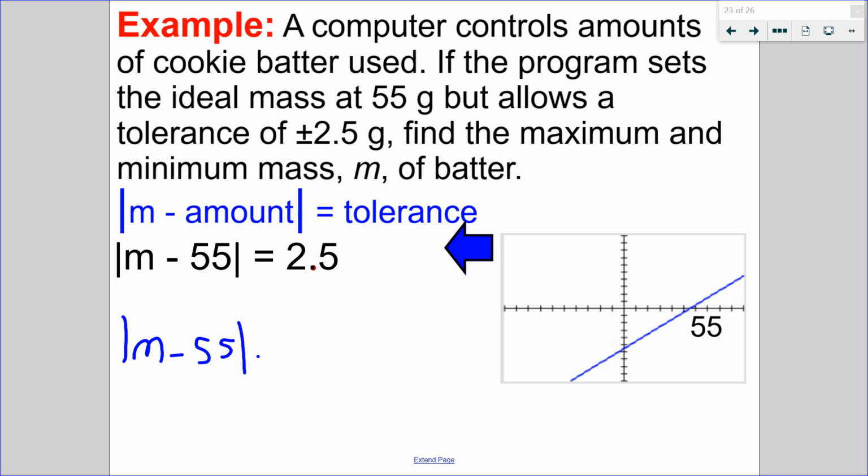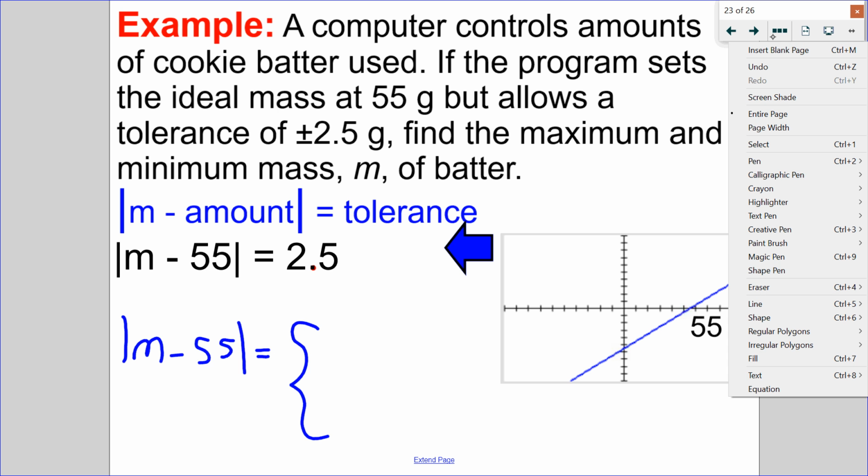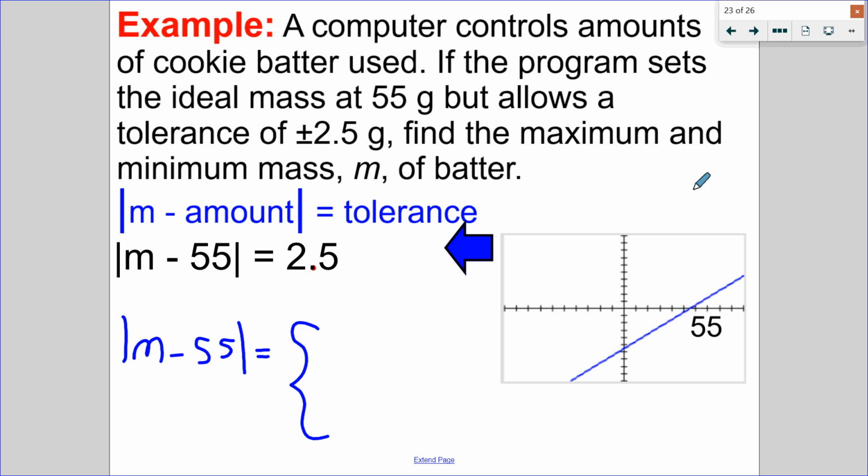So the absolute value of m minus 55 is equal to, and let's do our positive and negative pieces. So here's my positive piece where it's above 0. And the absolute value of a positive stays as a positive. That will happen to the right of 55. So that means that my function stays as m minus 55 anytime m is greater than or equal to 55.